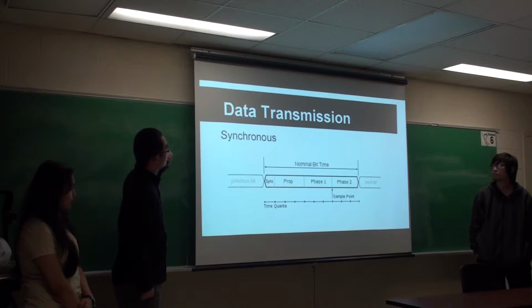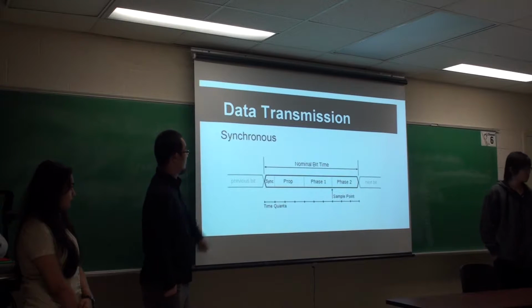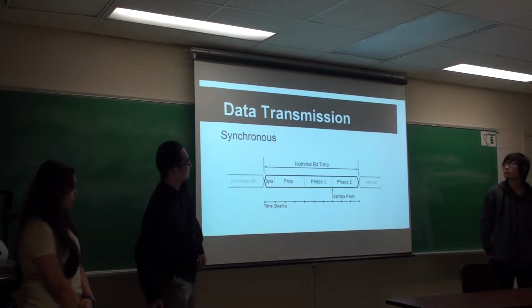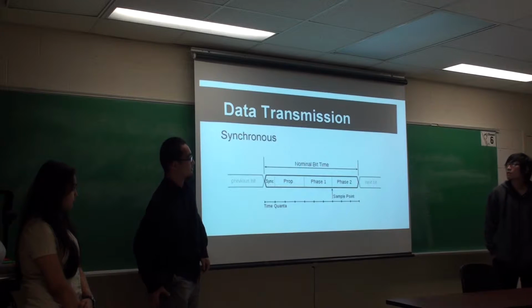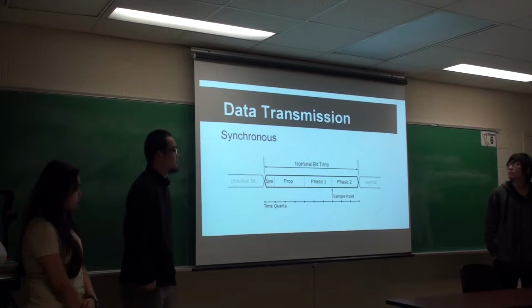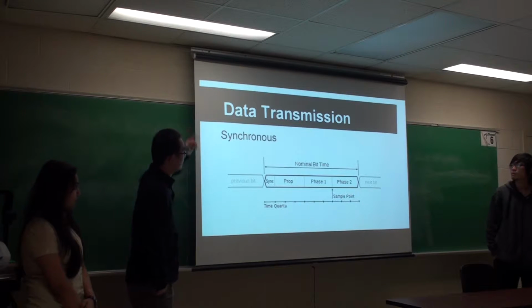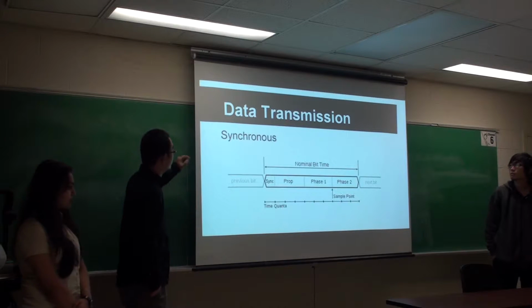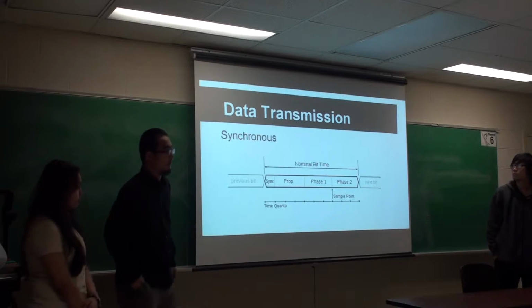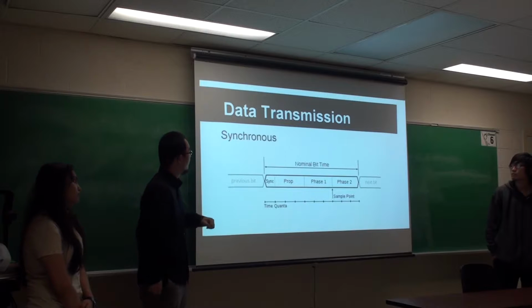And the data transmission is synchronous. We have a couple of synchronous transmission protocols, such as SPI and I2C. The difference between CAN and those protocols is that the CAN system doesn't have a line for the clock.